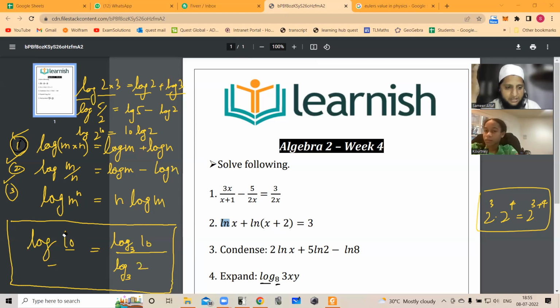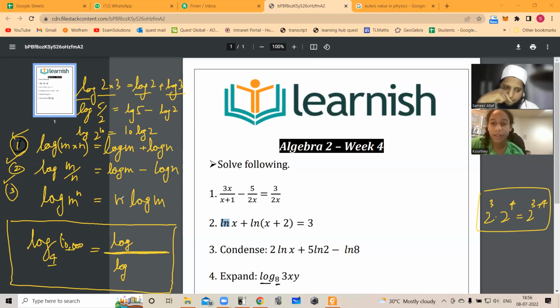For example, the question is log of 10,000 to the base 4, but you want the base 10. So what will it be?